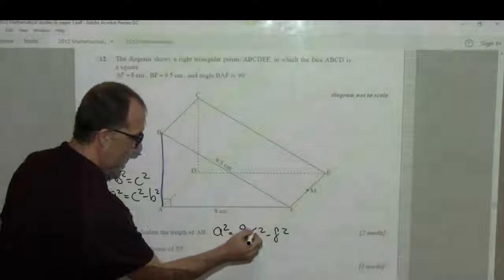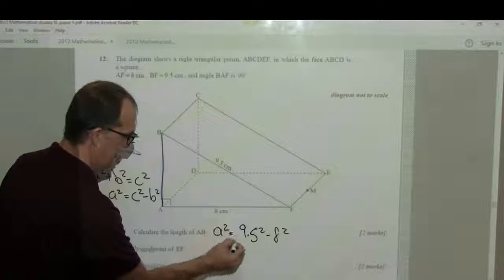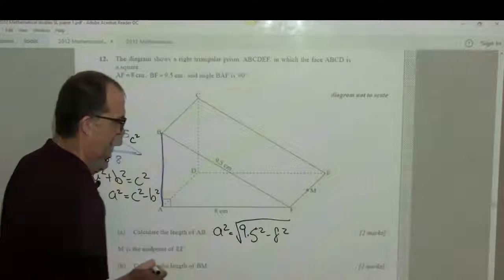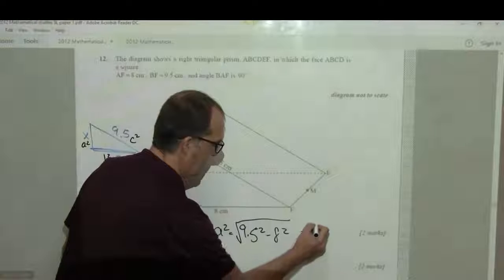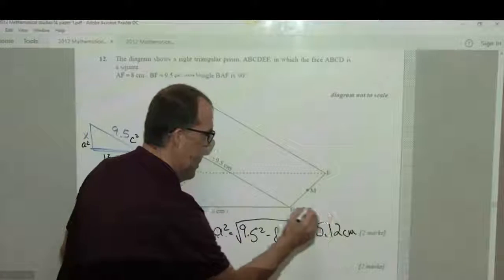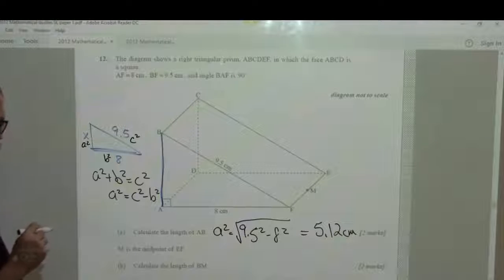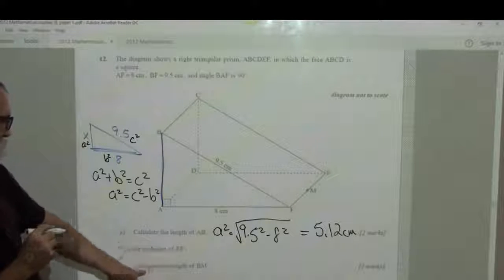Calculate it out. Don't forget that it's a squared, so we need to take the square root of that. When we do, to three significant figures, it's 5.12 centimeters.